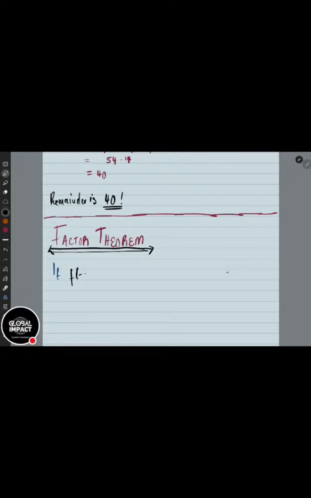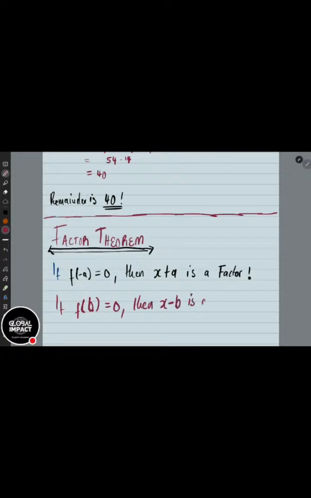If f of negative a is equal to 0, then x plus a is a factor. This is the easiest way to say it. And if you want to say it again below, if f of b is equal to 0, then x minus b is a factor.